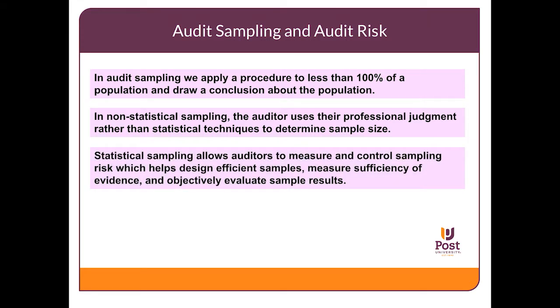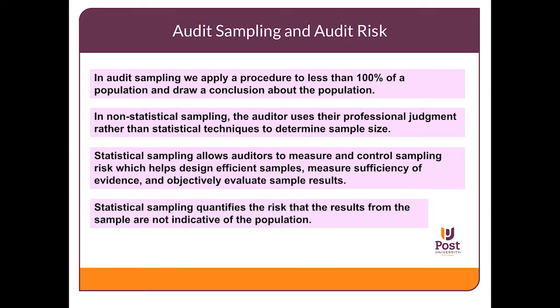Statistical sampling allows auditors to measure and control sampling risk, which helps design efficient samples, measure sufficiency of evidence, and objectively evaluate the sample results.